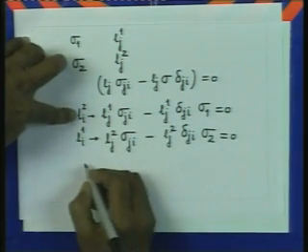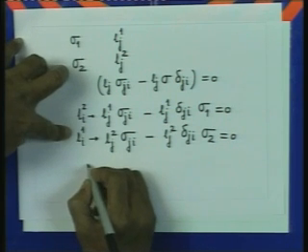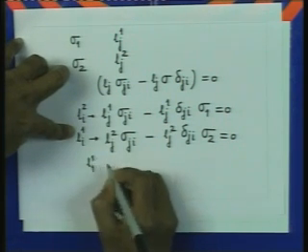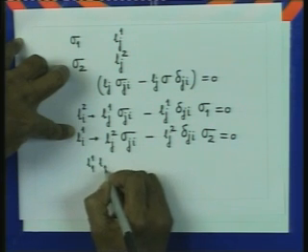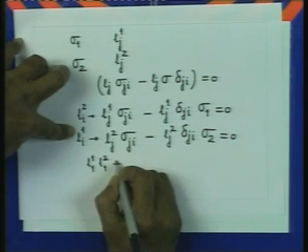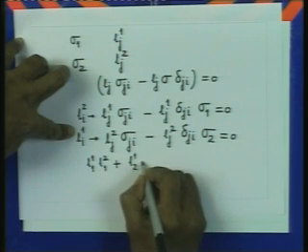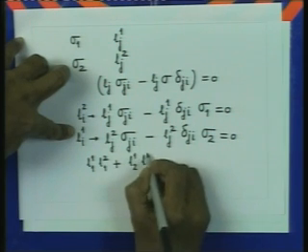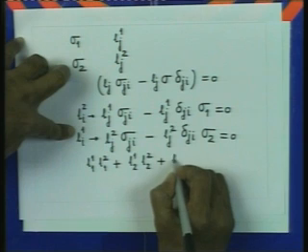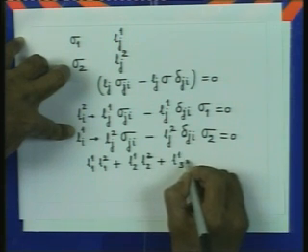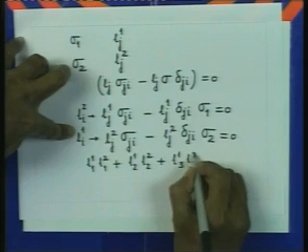Therefore, by simplifying this, what you are going to find is L1 superscript 1, L1 superscript 2 plus L2 superscript 1, L2 superscript 2 plus L3 superscript 1, L3 superscript 2.